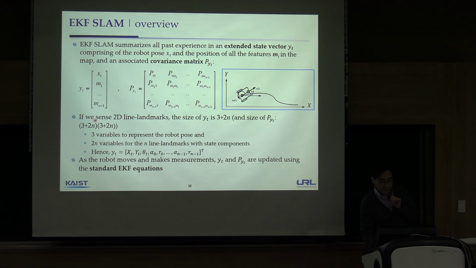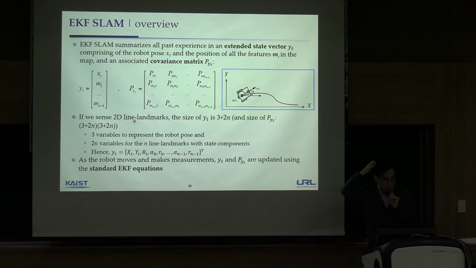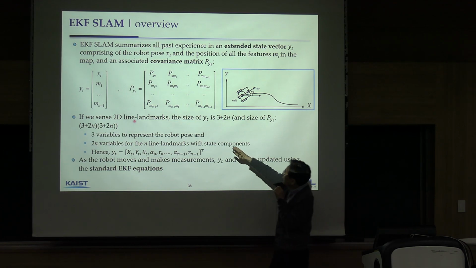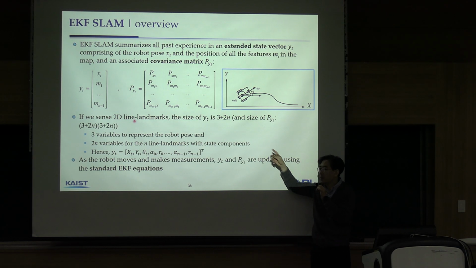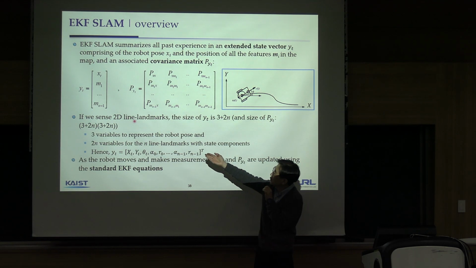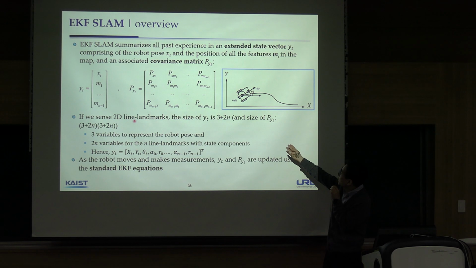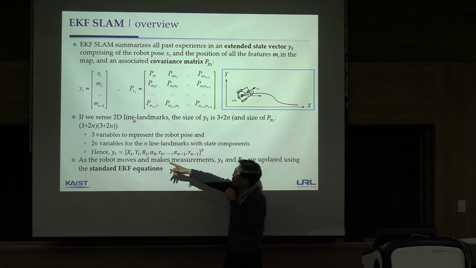If we have 2D lines as the feature, as the landmark, then the size of the state vector is 3 plus 2n. 3 is for x, y, theta, and n is the number of landmarks, and because a line can be explained using the distance and the angle information, we need two variables to describe each line. That's why we have 2n. So the size of the covariance matrix will be 3 plus 2n by 3 plus 2n.